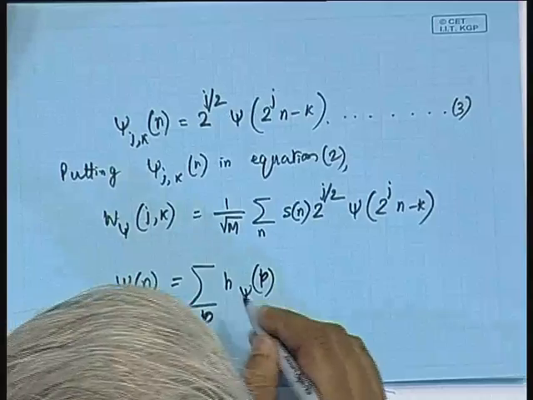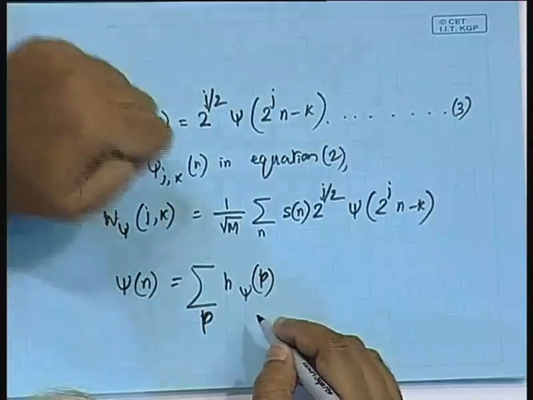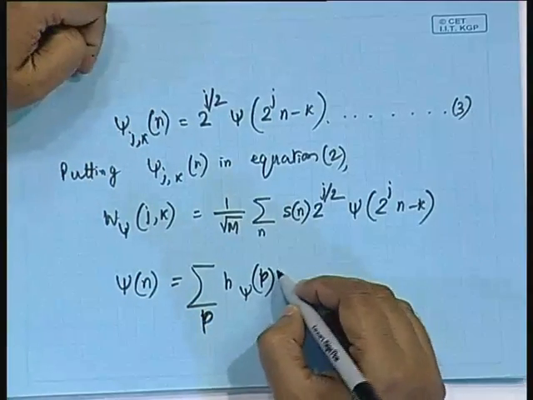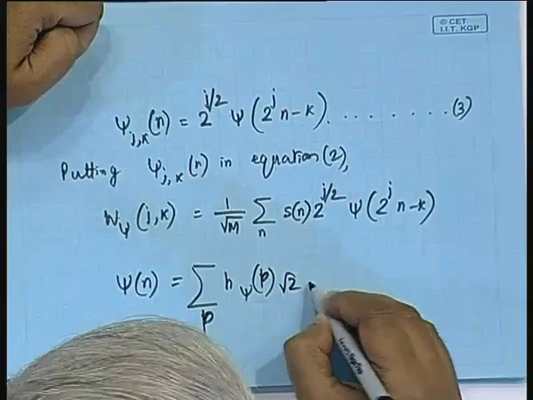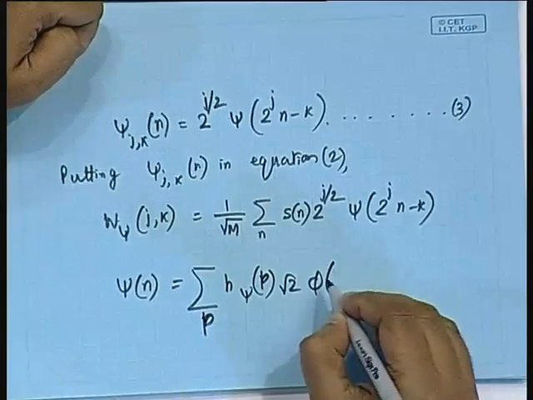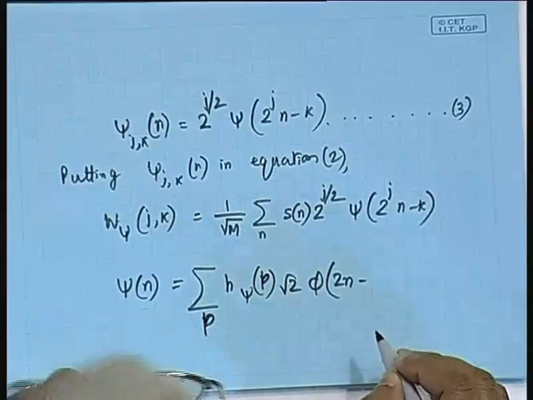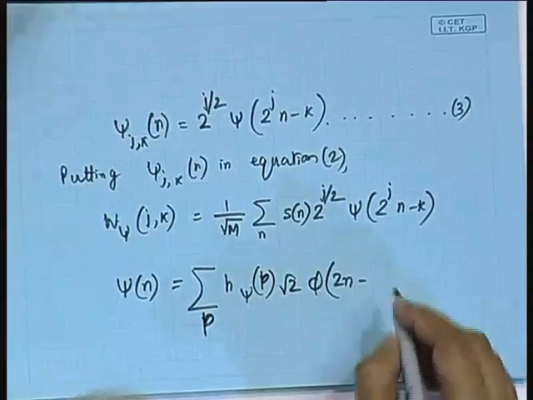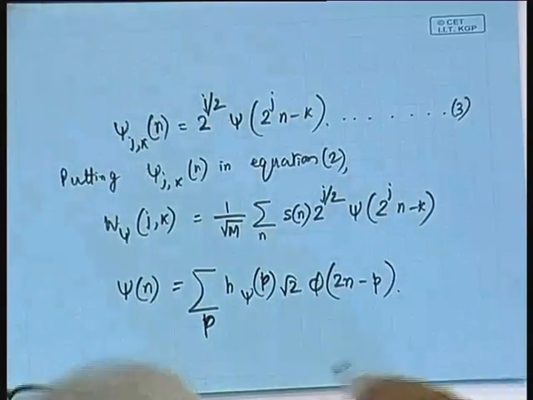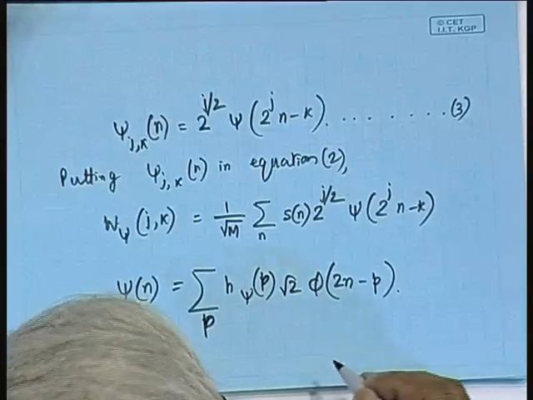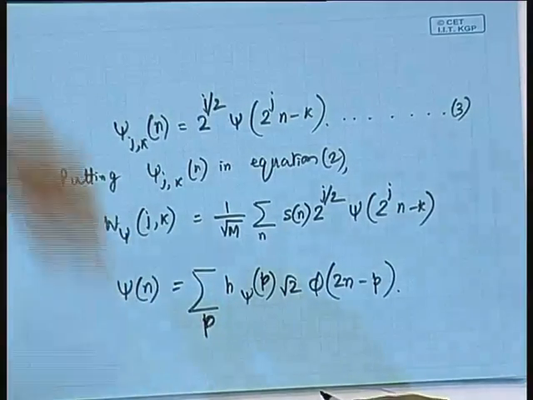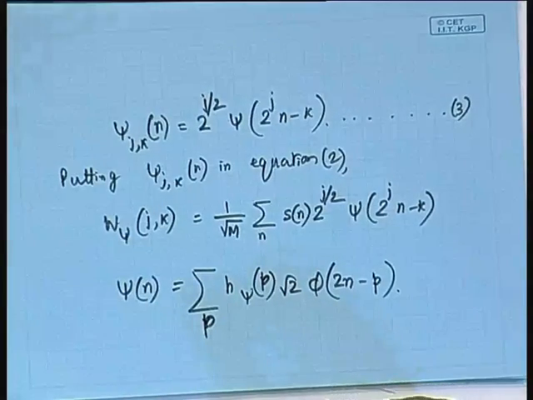So, h psi of p, and then root 2 phi of 2n minus p, since you have introduced p. So, this is psi of n that I now have.